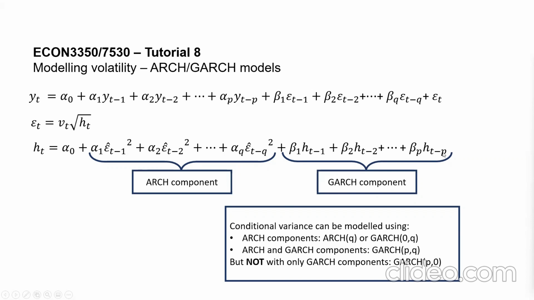You don't have any P, you don't have any lags of the conditional variance. That is equivalent to an ARCH model of whatever number of lags you put in there. Please don't consider models that only have GARCH components without ARCH components, because we cannot have those.